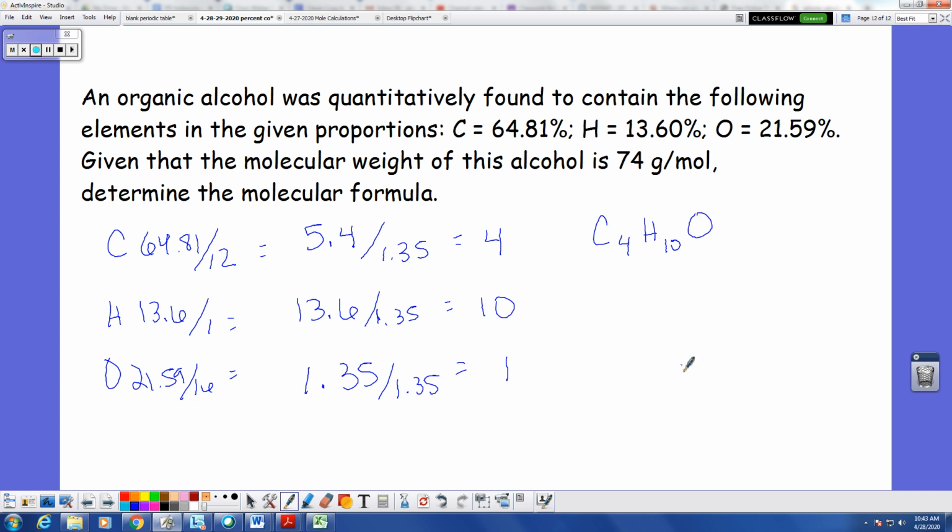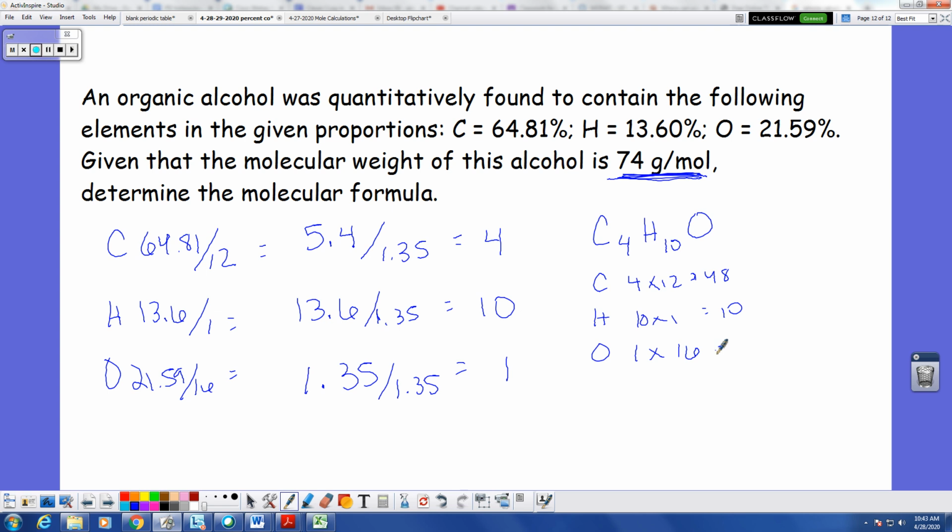C4H10O. Okay, molecular weight is 74, so we need to find the empirical mass. Carbon, 4 times 12 is 48. Hydrogen, 1 times 10 is 10. Oxygen, 1 times 16. I wrote this backwards. This should be 10 times 1. Let me fix it, because you do how many you have times the mass of 1.